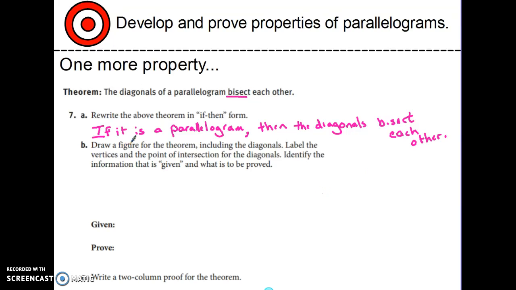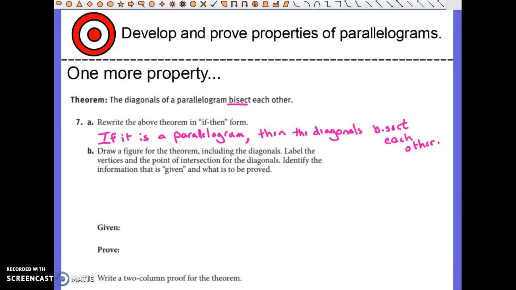They want us to draw a figure for the theorem, including the diagonals. So that means you're going to need to give your best artistic representation of a parallelogram. I'm going to cheat a little bit and use my tools that I have available to me because, let's be fair here, my artisticness is not the best. There we go, so there's my parallelogram. Make sure you draw in the diagonals.